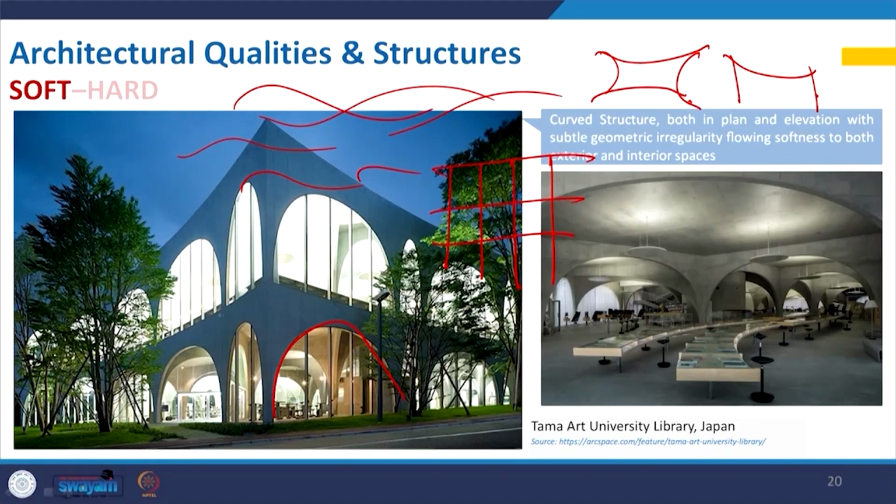In this, it is very smooth and soft, and these arches, even the interior of this space, have those multiple curvatures in the plan, even in the arrangement of the furniture. Altogether it shows a soft flow. So, a curved structure both in plan and elevation with suitable geometry, irregularity, flowing softness both in exterior and interior space.